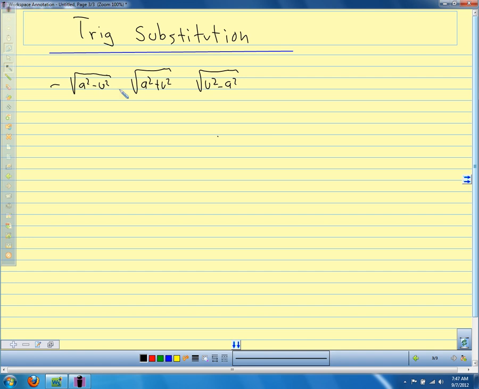Why? These kinds of integrals involving these forms come up a lot. Why do you think that might be? Why would we be interested in integrating quantities that look like this? We're using triangles, and what's our big tool with triangles? The Pythagorean theorem.